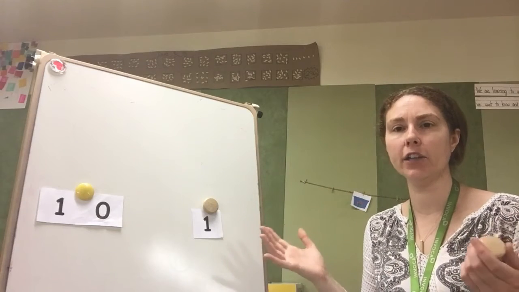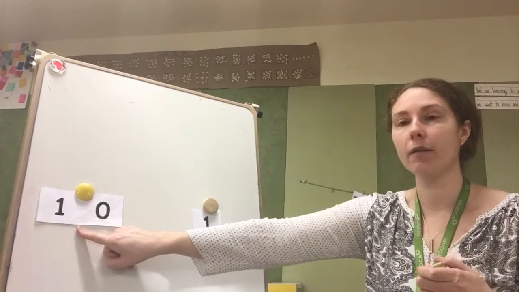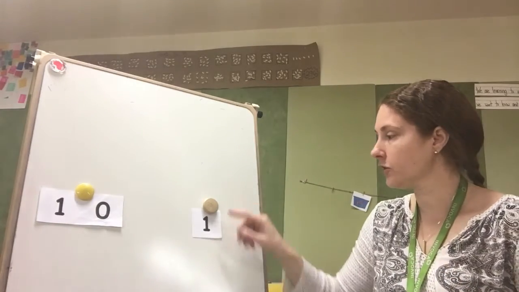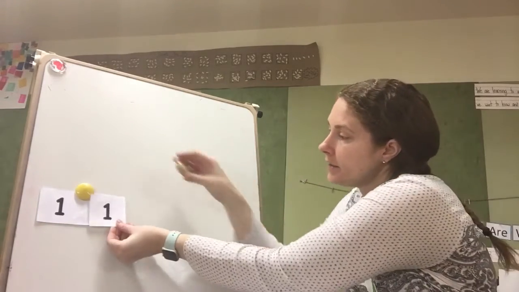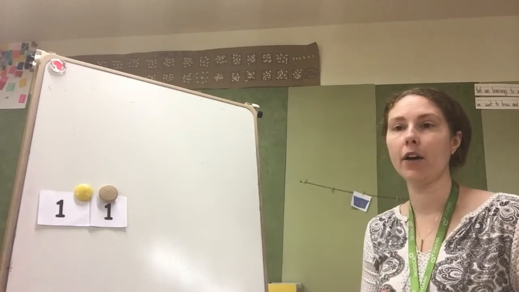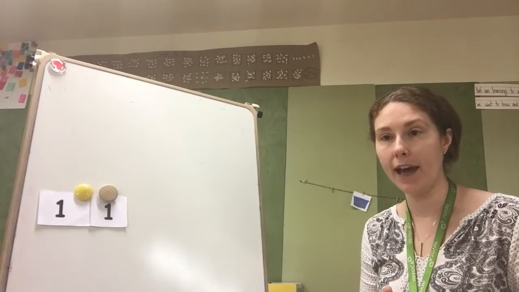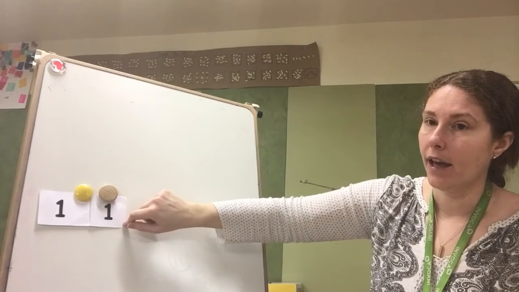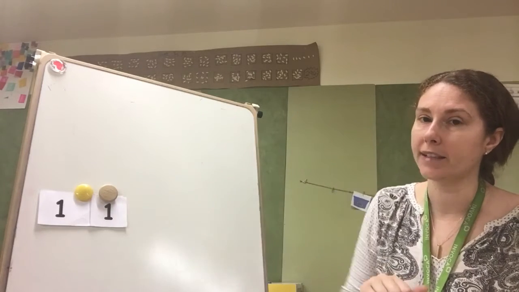But how many cows were there all together? 10 black and white cows, 1 brown cow. This 1 hides the 0, and we know it made 11 cows. The 10 black and white and the 1 brown makes 11.